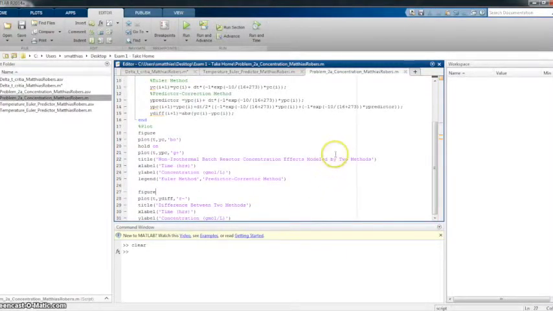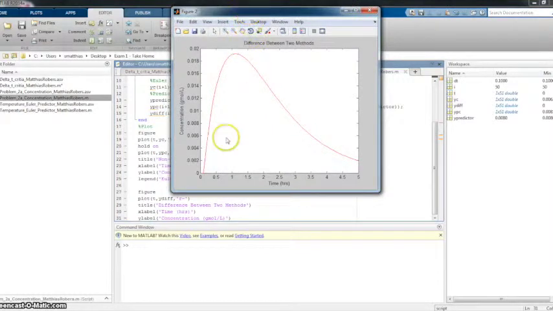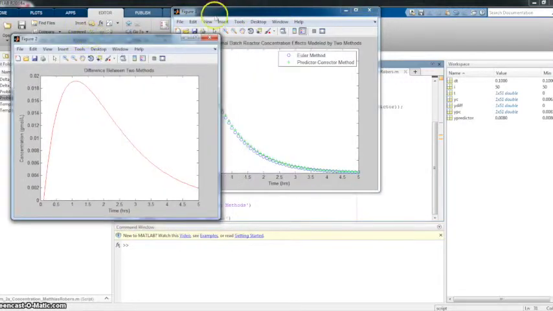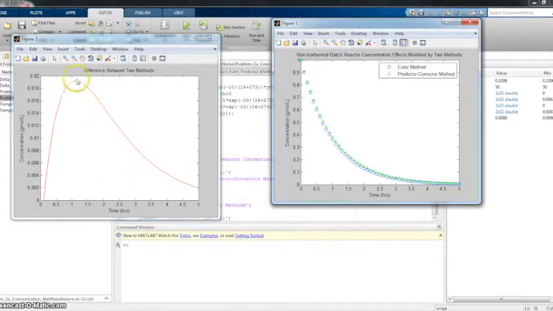For the second plot, we needed to figure out the difference between the two methods and plot this against the time. When we did this, we took the y difference of the absolute value of the Euler method minus the predictor-corrector method, and we ended up getting a plot that looked something like this, and the maximum difference occurred at about 1.5.